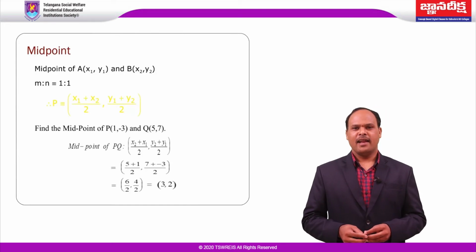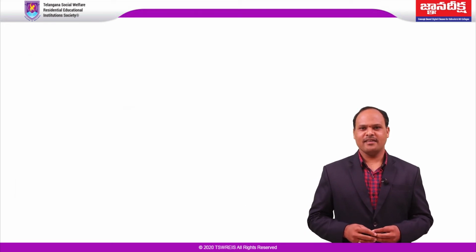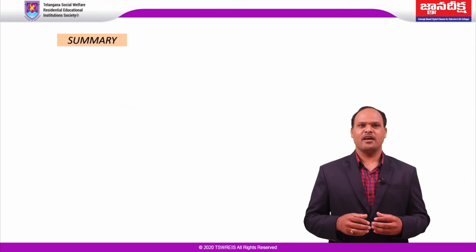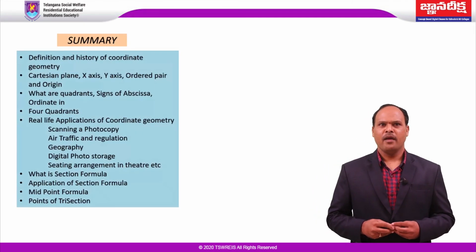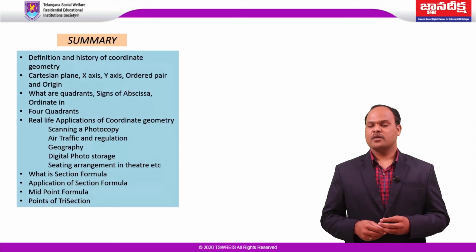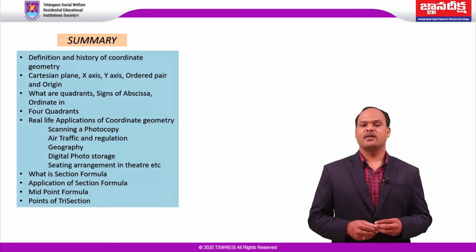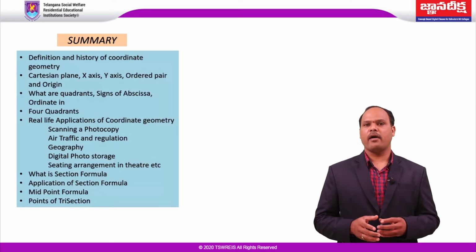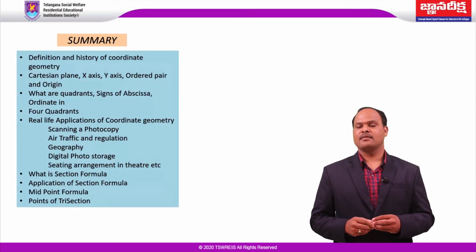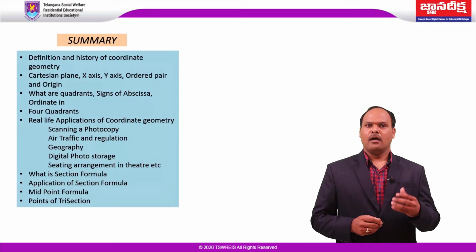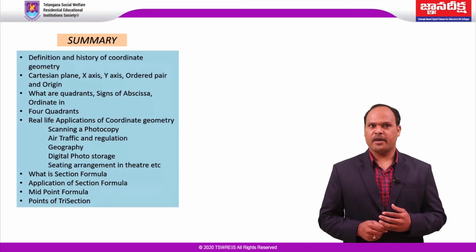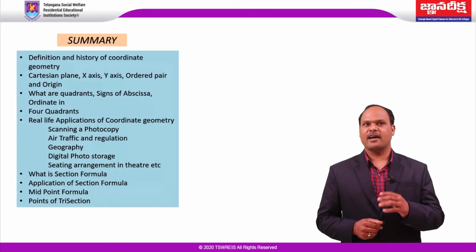Okay students, let's see the summary of today's session. In this session, we discussed coordinate geometry, its definition, what a Cartesian plane is, what the coordinates of a point are, what axes are, and the father of coordinate geometry, who's that? René Descartes.